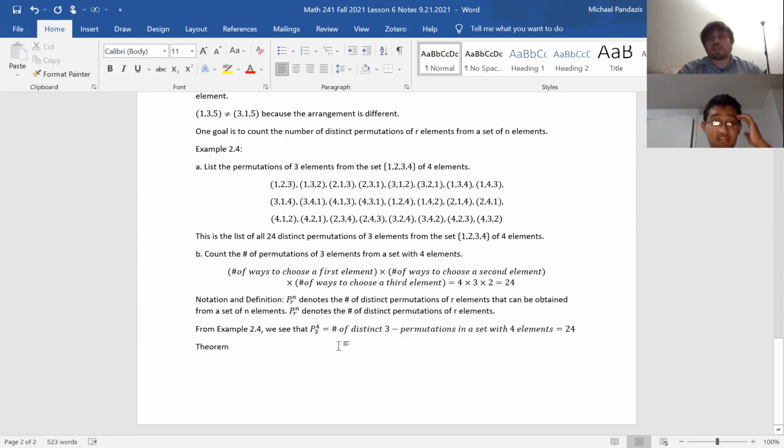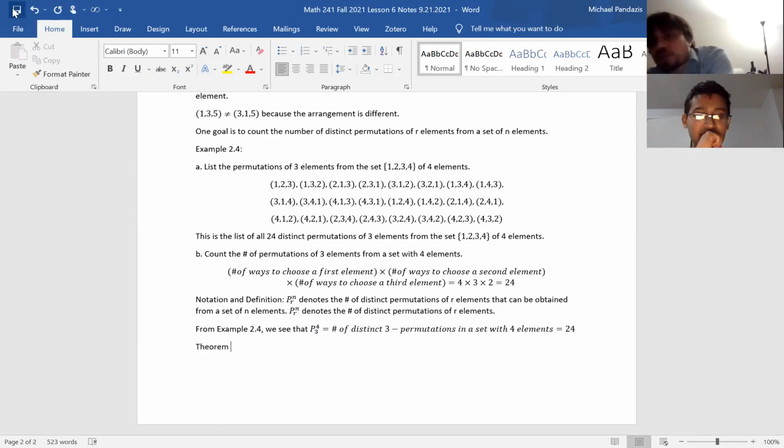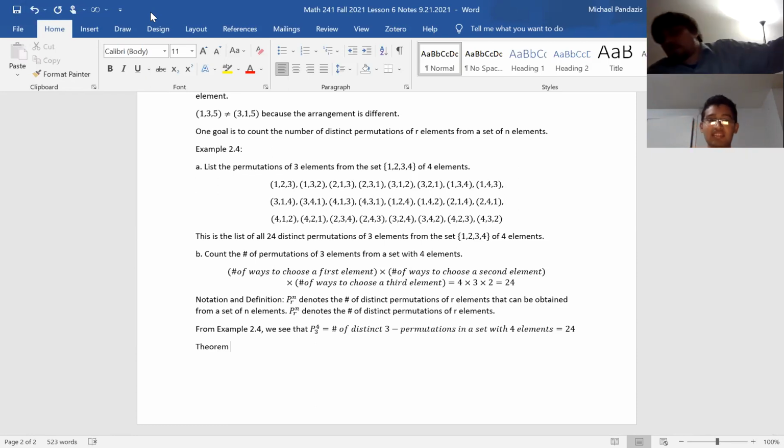One person can be talking about outfits, another person about something else completely different, and you could both describe the answer as P(3, 4) and both be right. It's one of the strengths of probability that you can replace the words and the real life situation with just mathematical notation, and you get the answer. So the answer to that problem is P(3, 4), which is 24.